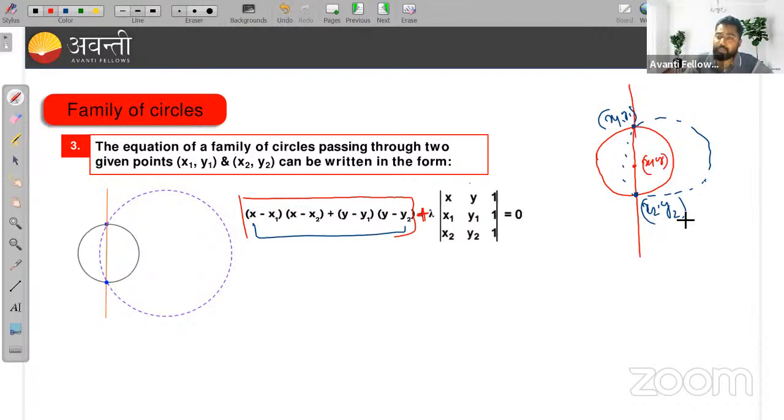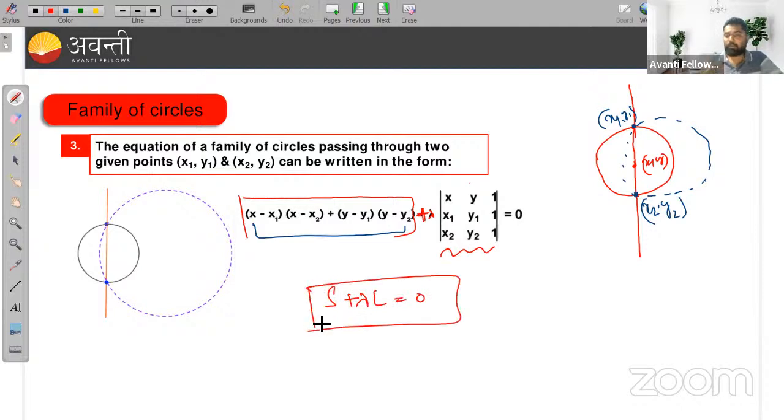Then x1 y1, x y and x2 y2, these 3 points are collinear when this determinant is 0. So I'm taking the determinant of these 3 points into lambda is equal to 0. Okay, clear? Here also we can say S plus lambda L is equal to 0.